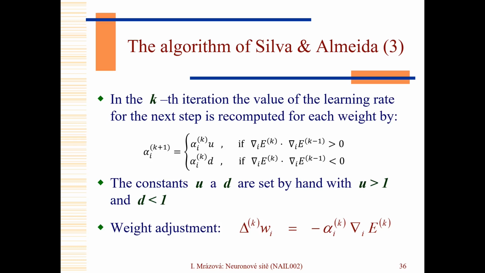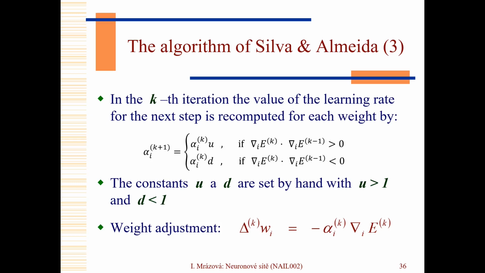If we have already missed the optimum, we shall change the direction and use a little bit smaller learning rates. So if the product of the gradient of capital E at iteration k and in dimension i multiplied by the gradient in dimension i of capital E at the preceding iteration k minus 1 is smaller than 0, this would mean that the gradient has already changed its direction.